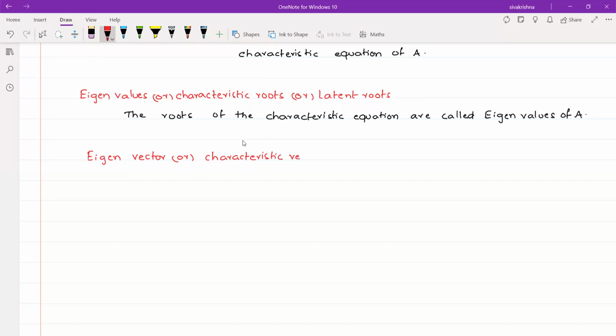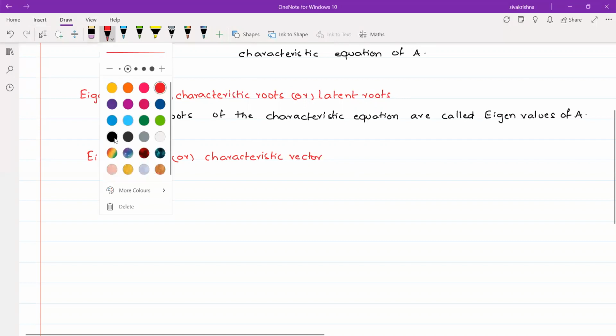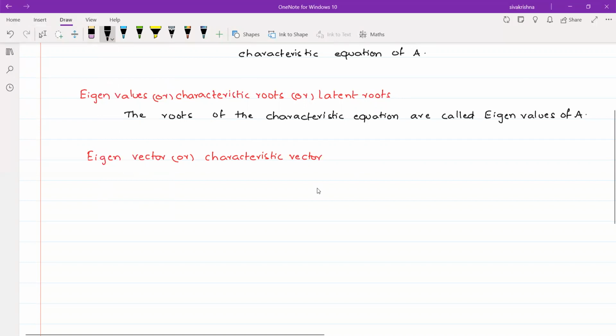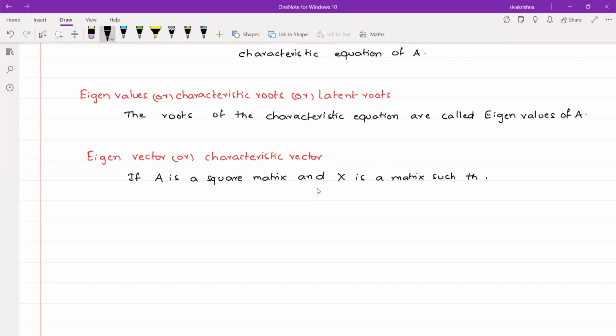It can be defined as follows: if A is a square matrix, and capital X is a matrix such that A minus lambda I into X is equal to 0, then X is called an eigenvector.